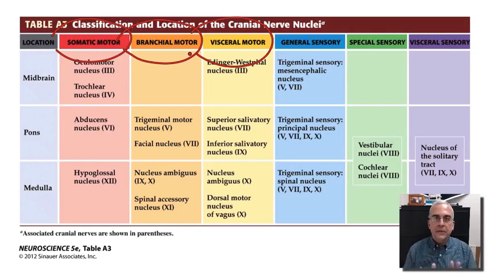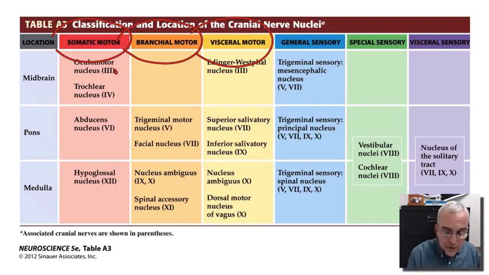So for example, let's think about the motor control for the muscles that are in the cranial region that are derived from somites. And it's fairly simple. It's the muscles that move the eyes in the orbit and the muscles that move the tongue. So the muscles that move the eyes are related to cranial nerves 3, 4, and 6.